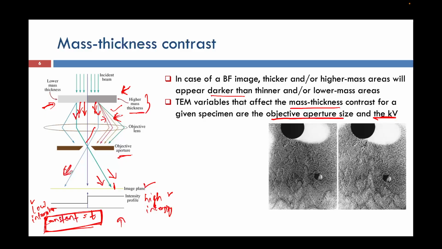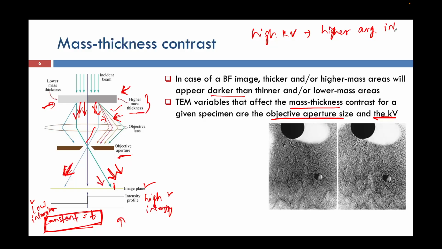And if I have a higher kV, then instead of one electron beam contributing to my image, I will get two electron beams contributing, and in this case, let's say, four electron beams contributing to my image. So higher kV means higher average intensity.